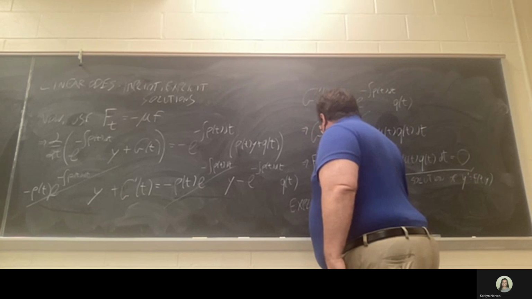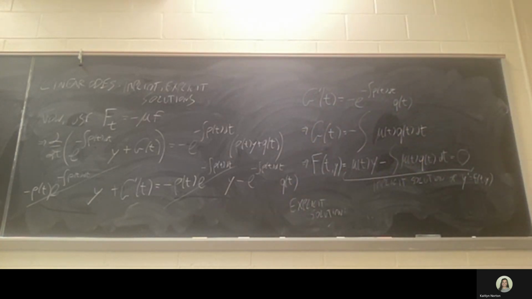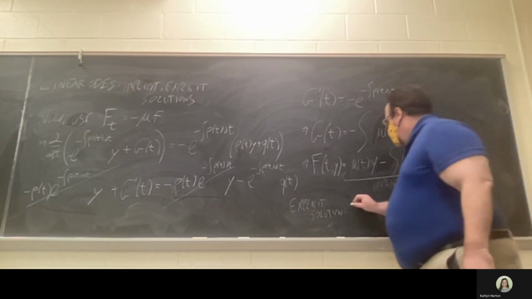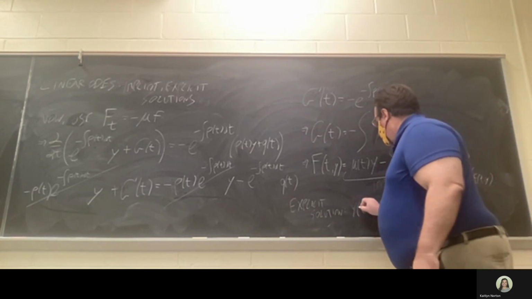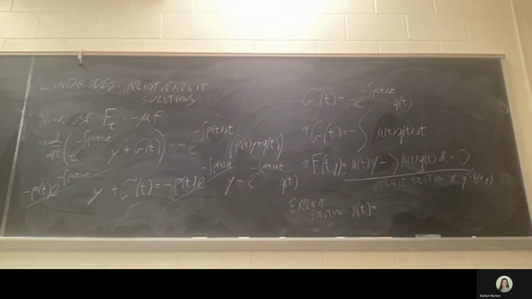So if we take the implicit solution, this equation, and solve it for y, so now write it as y of t. From this, what would it be equal to?